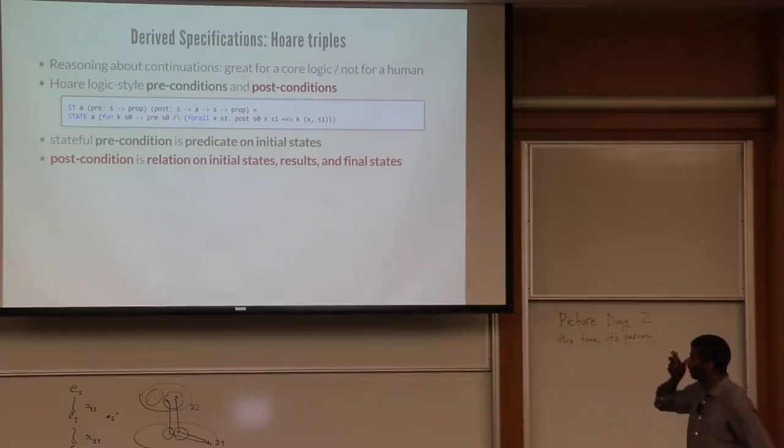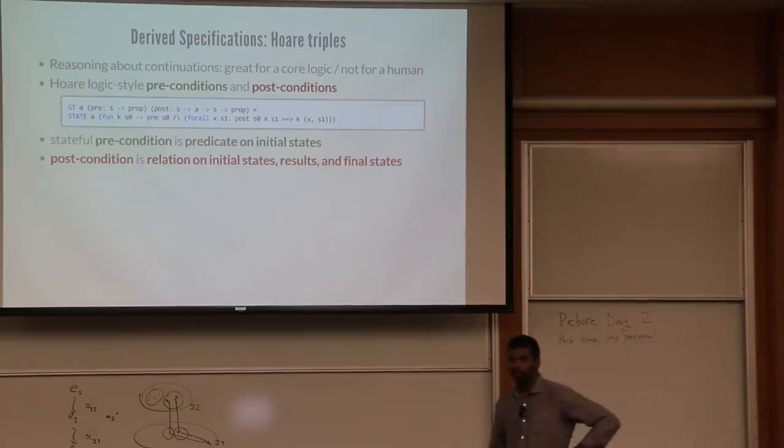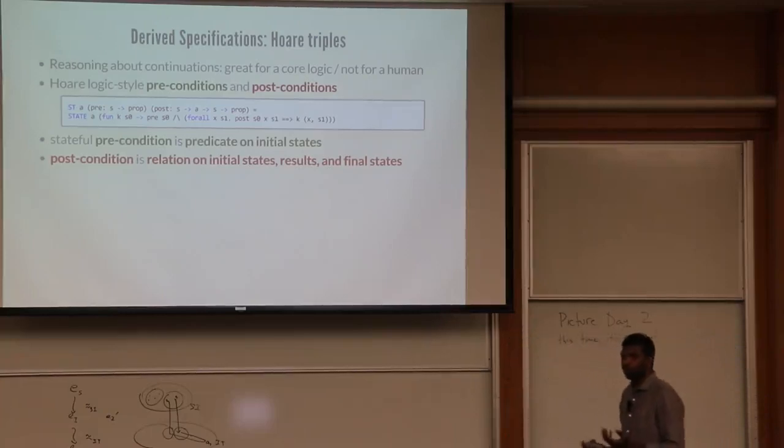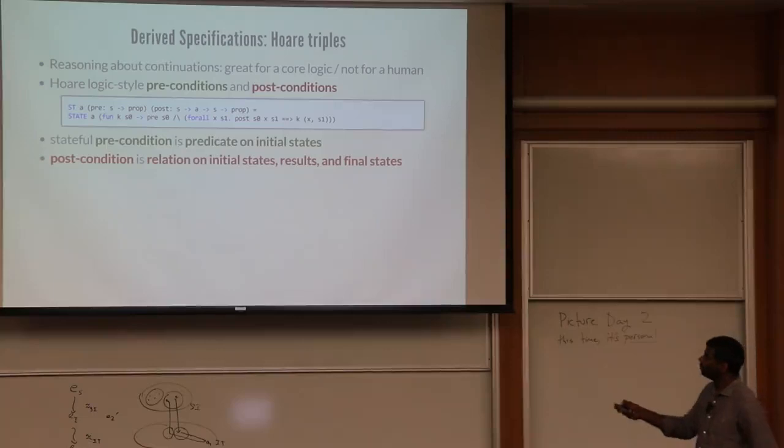But Hoare triples can be easily defined on top of WPs. Instead of writing state computations everywhere, I'm going to write a derived form of ST computations where I index my computation by a precondition and a postcondition rather than by a WP. I have two indexes instead of one. I define STA of pre-post as State, which expects a WP.